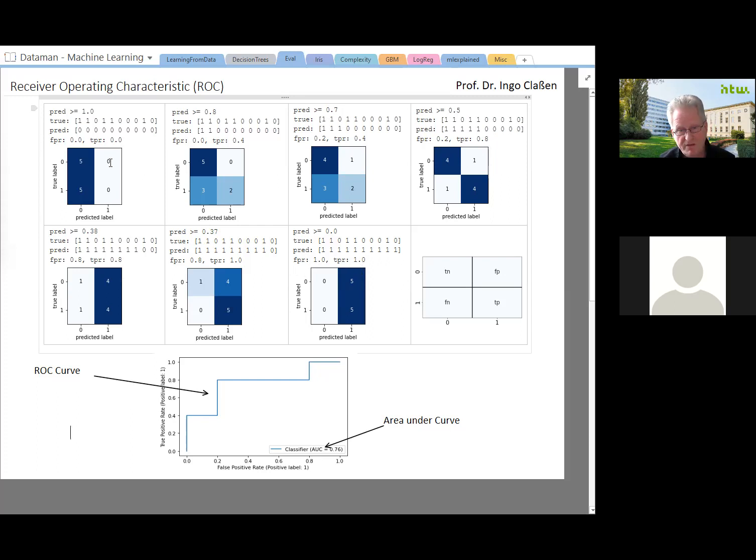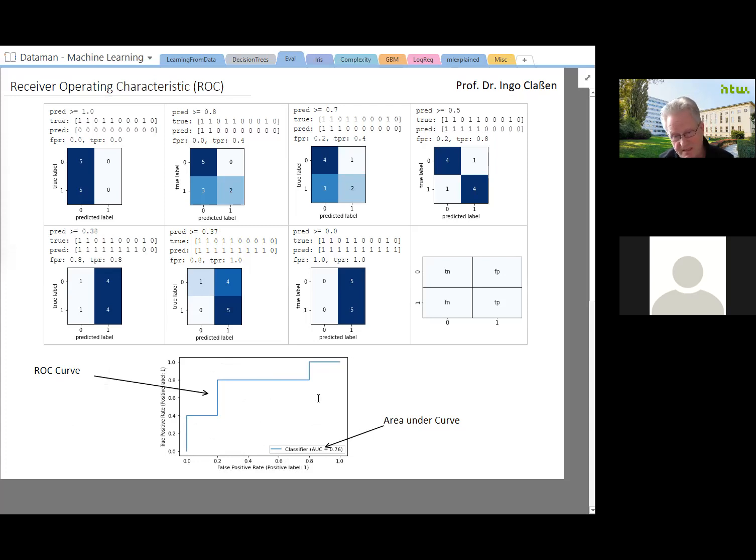If I take these different points, 0, 0, this is this point here, 0.4, this is that point here, and then 0.2, 0.4, 0.2, 0.8, and so on, and draw them in a chart where the x-axis is the false positive rate and the y-axis is the true positive rate, I get that curve here, and that is called a ROC curve, a receiver operating characteristics curve.